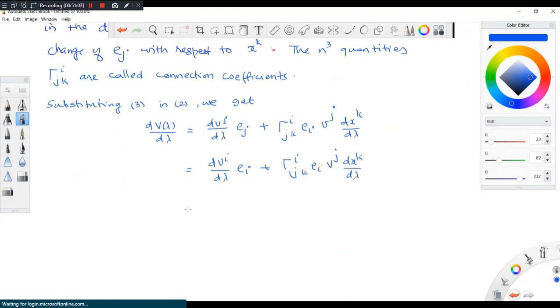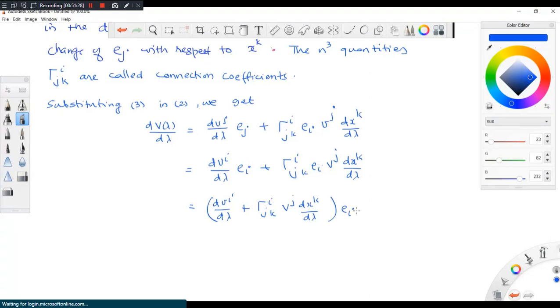You can see that there is something common: ei is common. So dVi/dλ plus Γ^i_jk Vj dxk/dλ, and the common thing is ei.